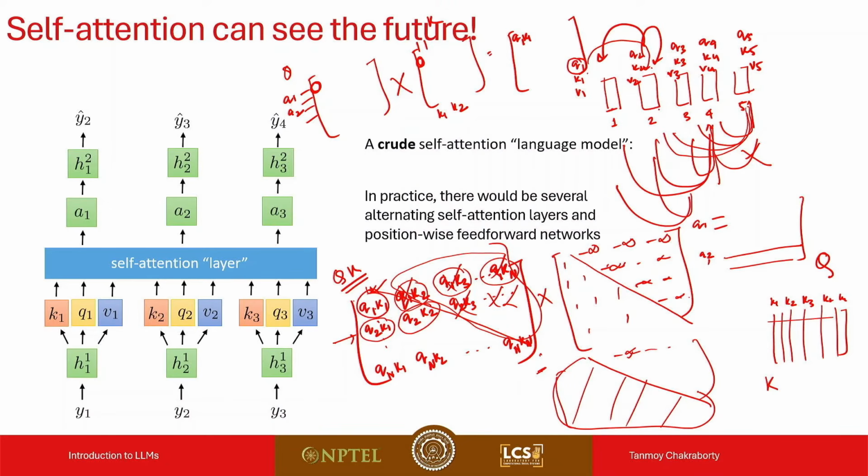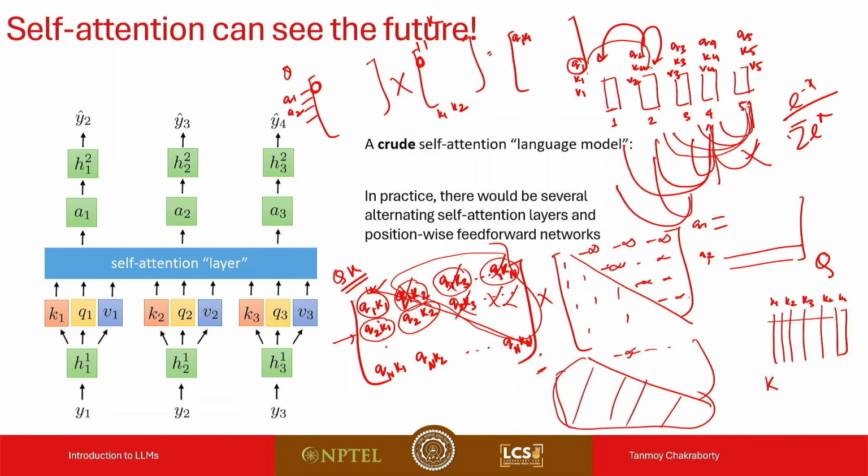Now, why are we doing this minus infinity multiplication? Because remember, these elements are query key dot products. After the query key dot product, what is the next operation? Softmax. We need to pass them through softmax. And what is the softmax formula? E to the power x over the sum.